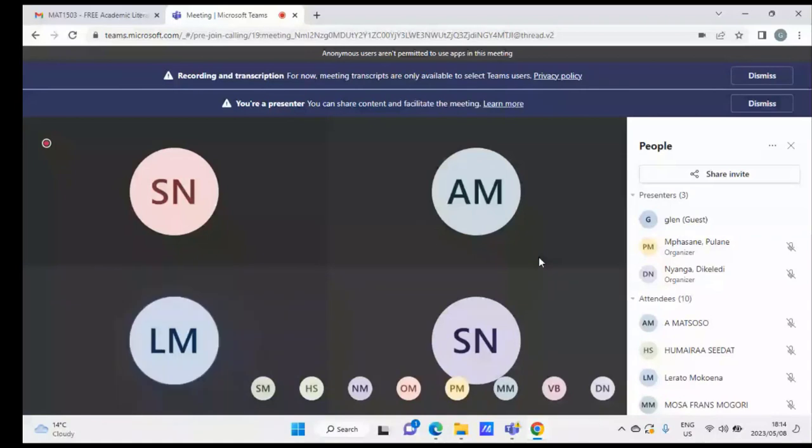Lerato can continue, sir. Lerato, then followed by Sibusiso. For my answers, I got A is equal to 7/2 and B is equal to 7. Again, Lerato? A is 7/2, B is 7.